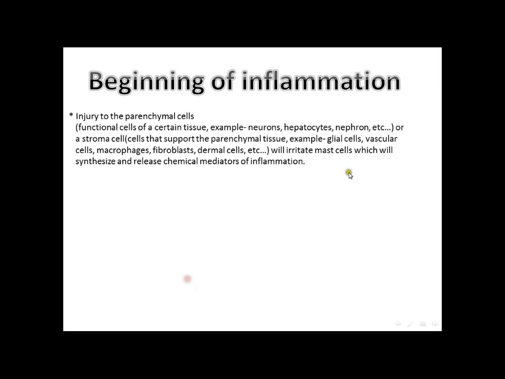So basically, this release of chemical mediators of inflammation can be expressed as events, vascular events and white blood cell events, and this is just to help you understand the process better.